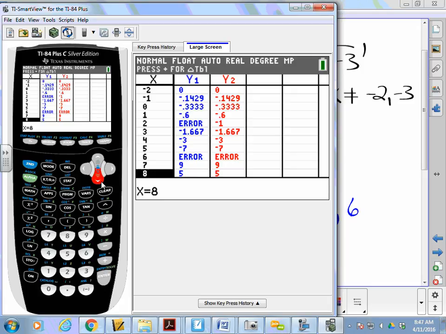Now, we only see the error at positive 2 for y1 because in y2, we don't have that factor in the denominator anymore. But everything else is the same, and that's what you're looking at specifically, making sure everything else is the same where we have the numbers. If they are, you did it right. If they're not, then you made a mistake somewhere.